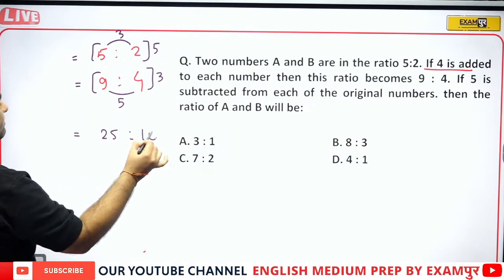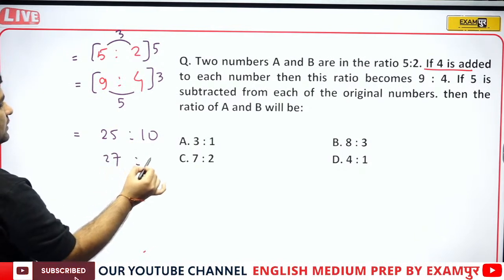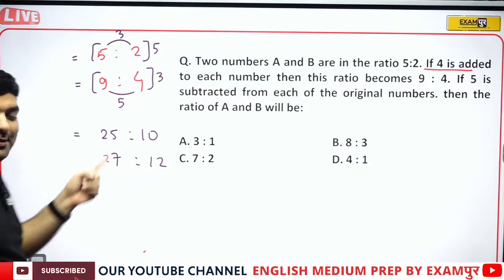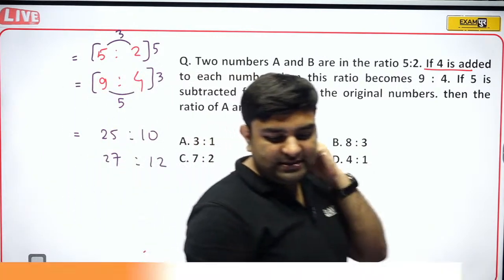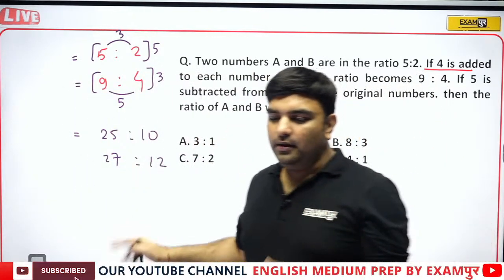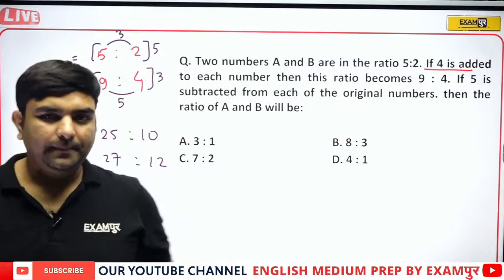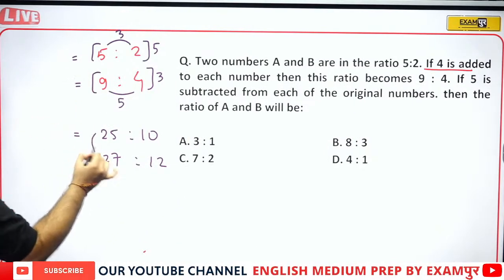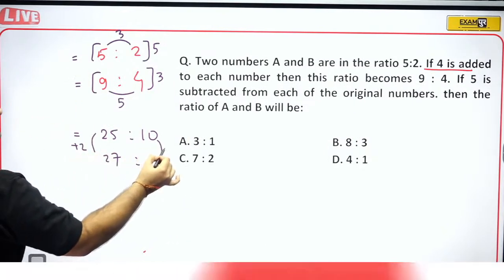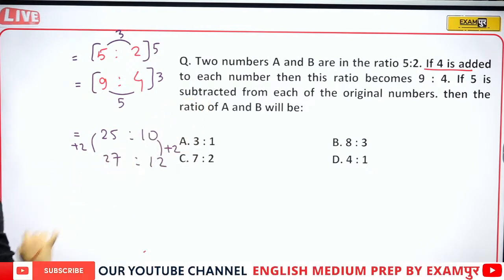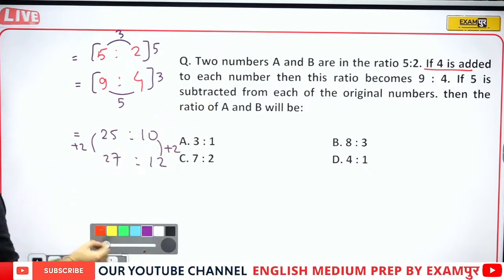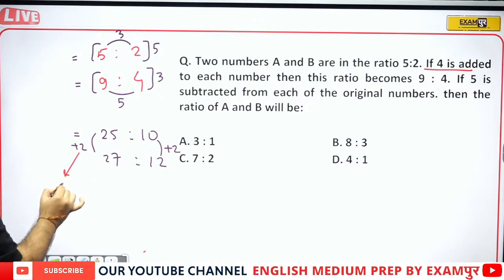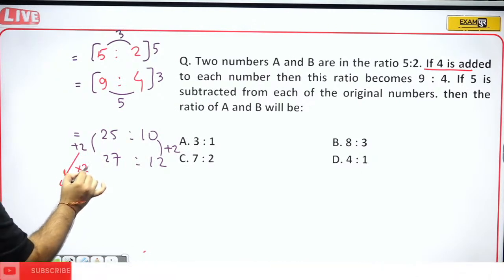25:10 and 27:12. Okay, let's see. Now there is the same increment in both. Increment of 2, increment of 2, which is given as 4. So multiplication of 2.